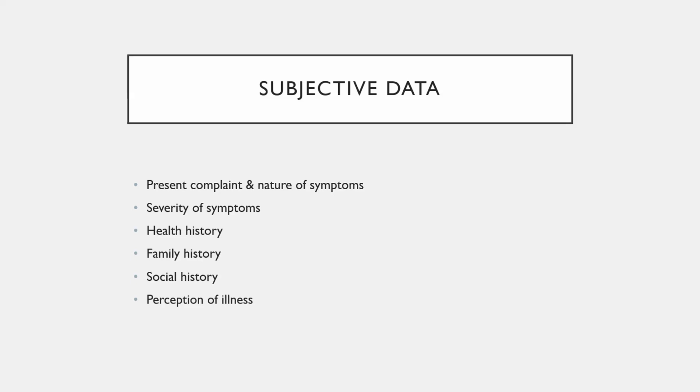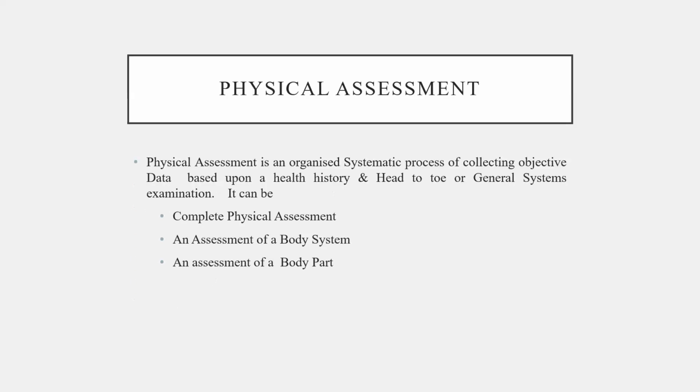Social history could be in relation to the type of the diet and also the perception of the illness. In the perception of the illness, one can check whether the patient has knowledge about the history of chest pain, which could be related to angina pectoris or myocardial infarction, or whether he has perceived pain in a different manner.